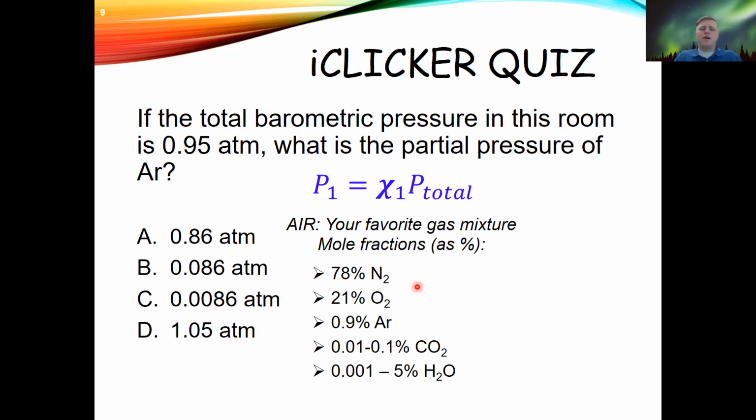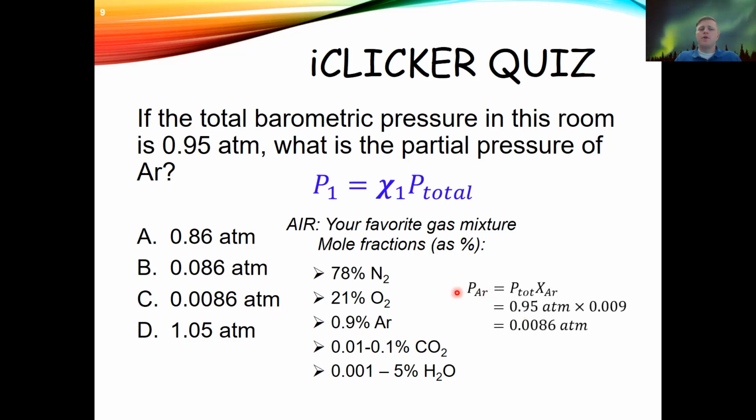All right. One thing you have to understand to get this is something I could have explained before telling you to pause it: this percent is the percent in terms of moles. So 0.9% of the moles of gas are argon, which means that this 0.9% is just equal to our mole fraction up here times 100%.